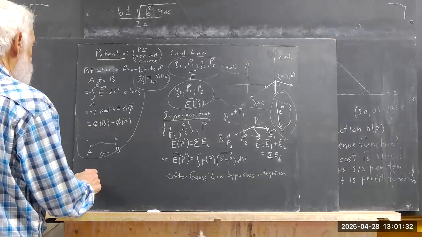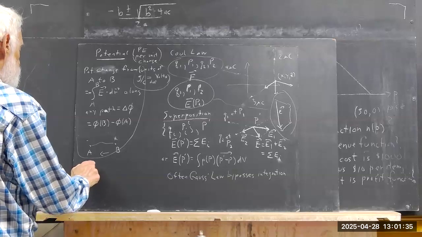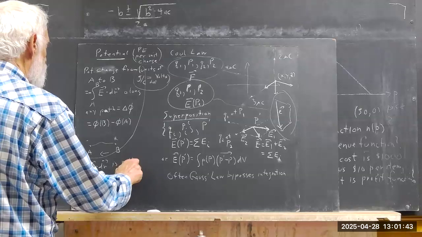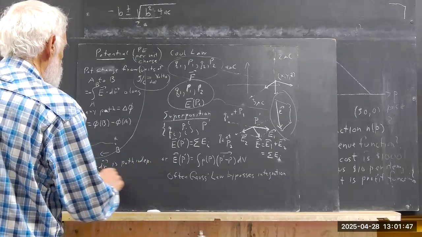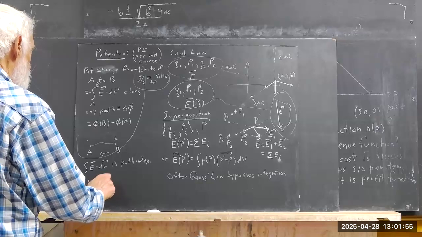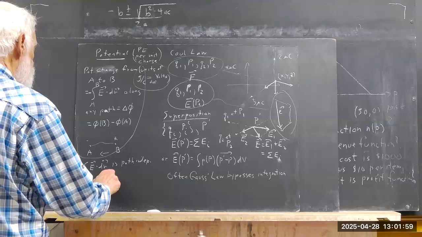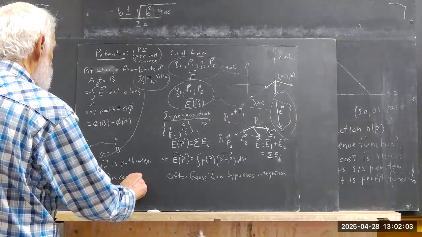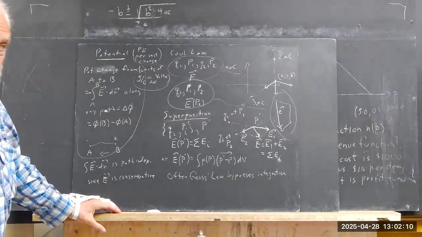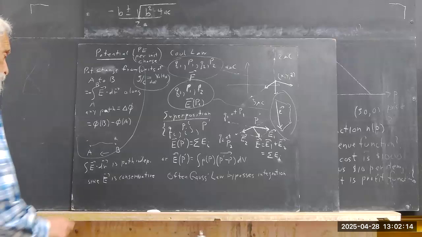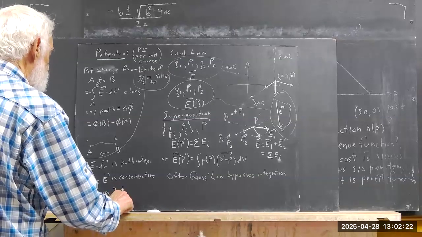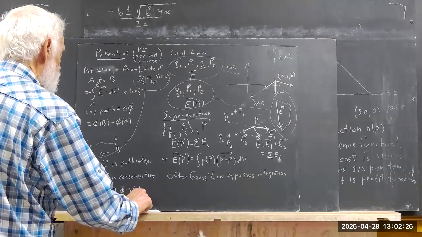Okay, now, the integral of E dot dr is path independent, since the electric field is conservative, meaning that there exists a potential function phi such that E is the negative gradient of phi.